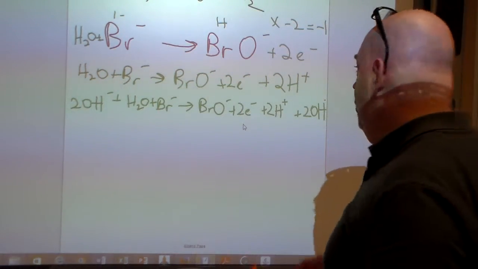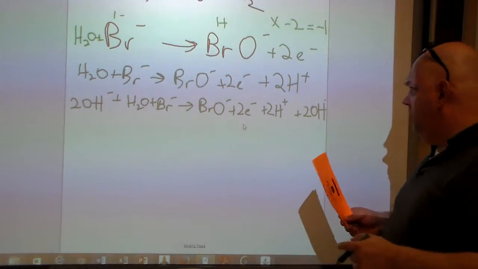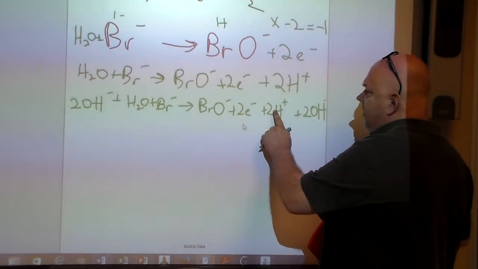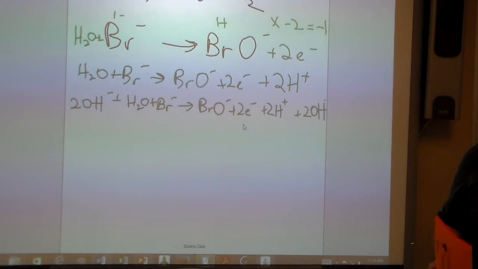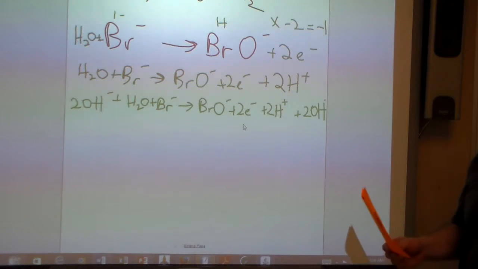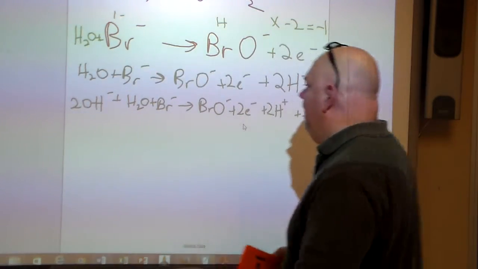Okay, and at this point it looks like it's balanced. What we need to do though is figure that the H and the OH are going to attract each other. Why? Because they're opposites, and you guys might remember Paula Abdul, opposites attract, way back when.